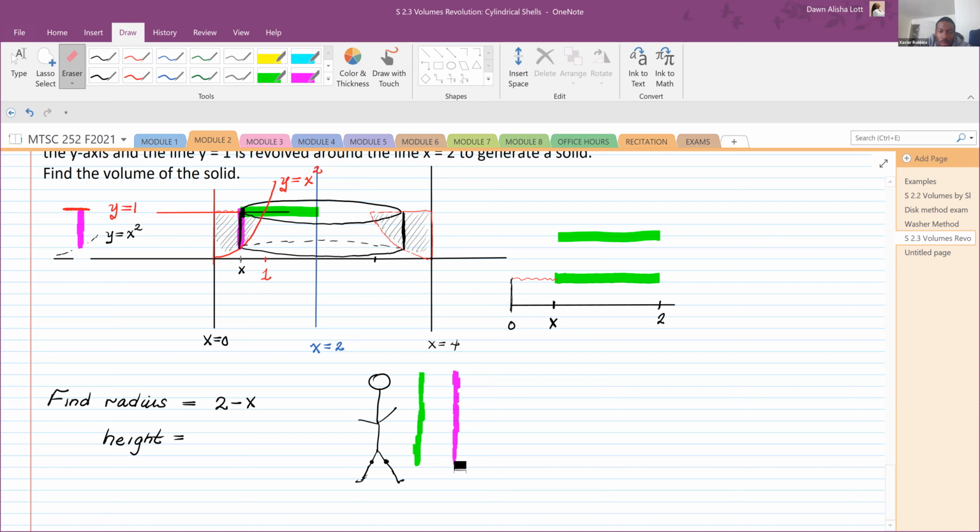Wait, what would the numbers be in this case? Okay, the top in my picture is the line y equals 1, and the bottom is the curve y equals x squared.